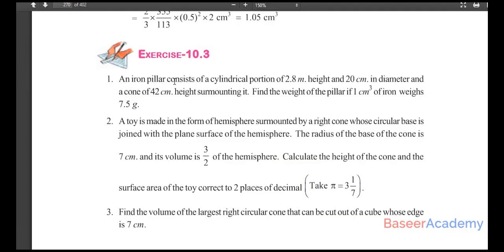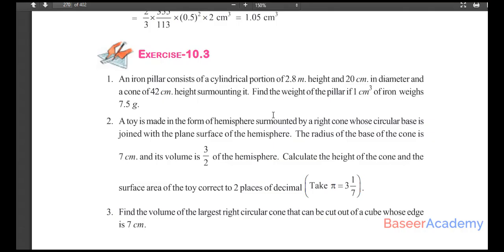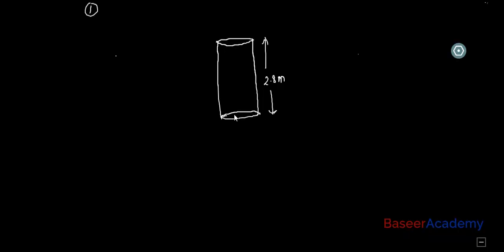An iron pillar consists of a cylindrical portion of 2.8 meter height. So there's an iron pillar here. Let's say this is our iron pillar, and it is cylindrical in shape. The height is 2.8 meters, and the diameter is 20 centimeter.